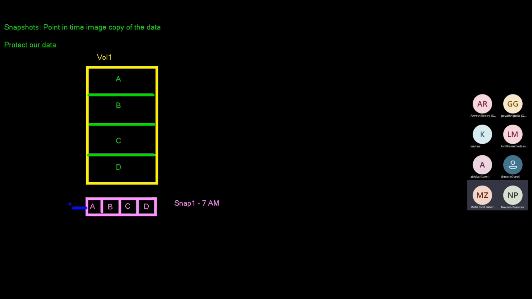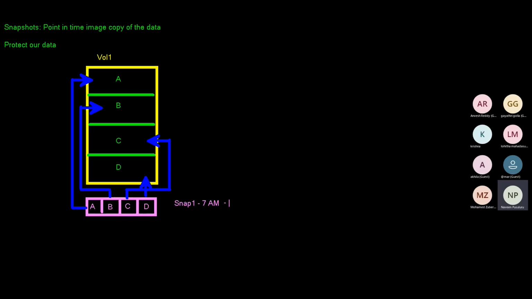So like this: the image of A will have a pointer towards A. Same way, the image of B will have a pointer towards B, and in the same way C and D. So a snapshot initially doesn't contain any data, it contains only images.